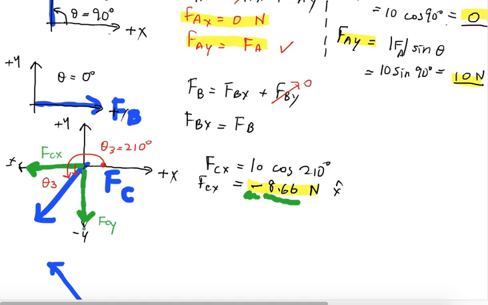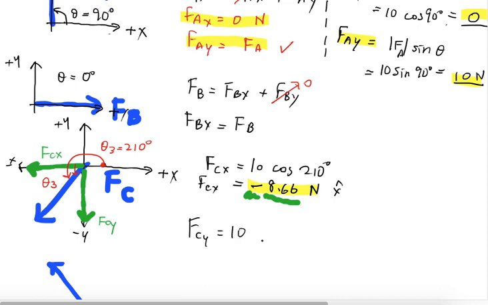So how about this FCY? What do you think? When I calculate FCY, what do you think I'm going to get? Positive value or negative value? Yes, definitely I'm going to get negative value because it looks like from my drawing here, FCY pointed downwards. And this means the vector is in the negative of y-axis direction.